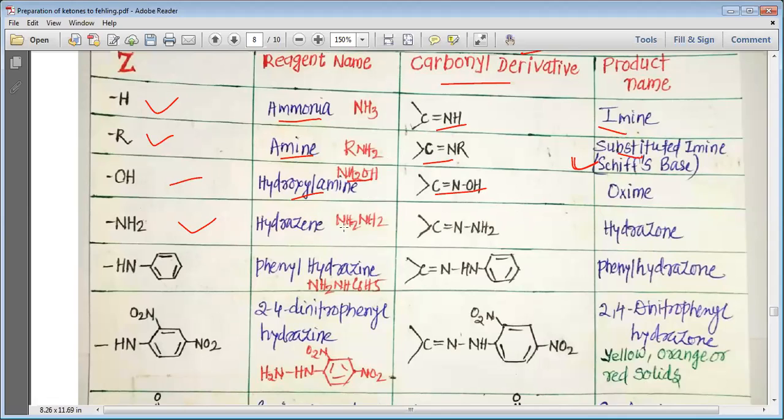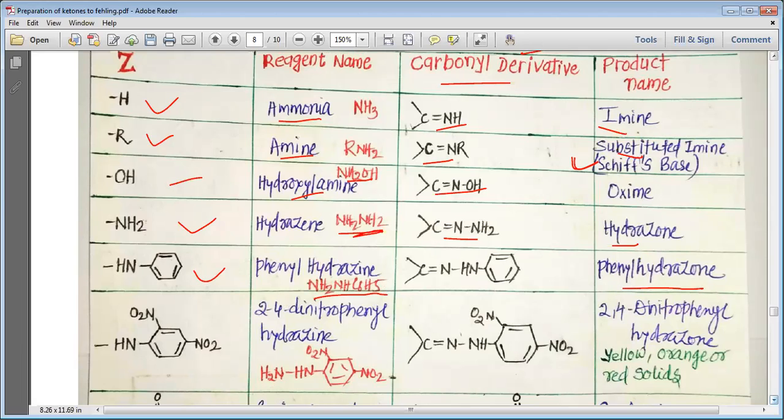We have NH2NH2, which is hydrazine, and hydrazine gives us the hydrazone. We may have phenylhydrazine, NH2NHC6H5, that gives the phenylhydrazone.